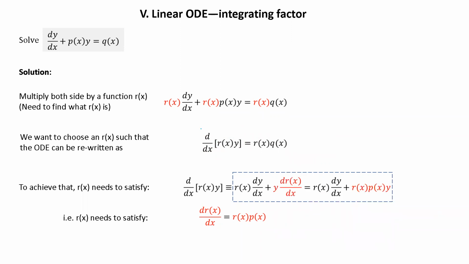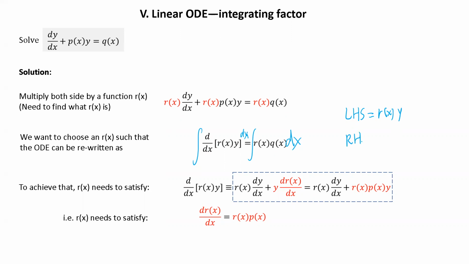If you integrate both sides, the left hand side is just undoing this derivative, so the left hand side is r of x times y.